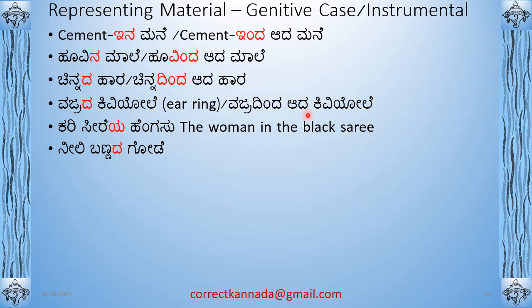So an earring that became, from diamond, the earring became. That's basically what you're trying to say, roughly. Vajradinda, by diamond, made. An earring made of diamond is how you put it in Kannada. "Vajradinda ada kiviyole."